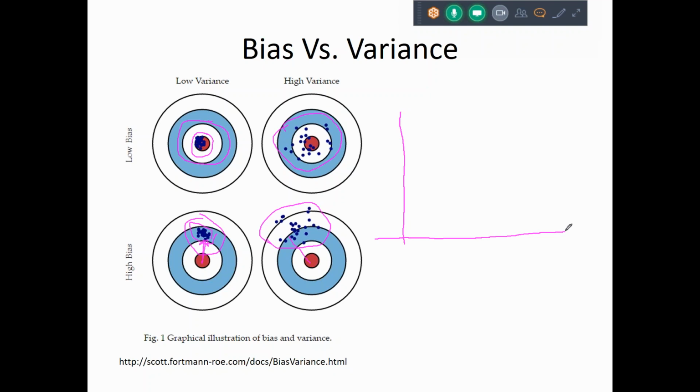Let us take linear regression or logistic regression, whatever regression you want to say. There is an X and there is a Y. These are my data points.